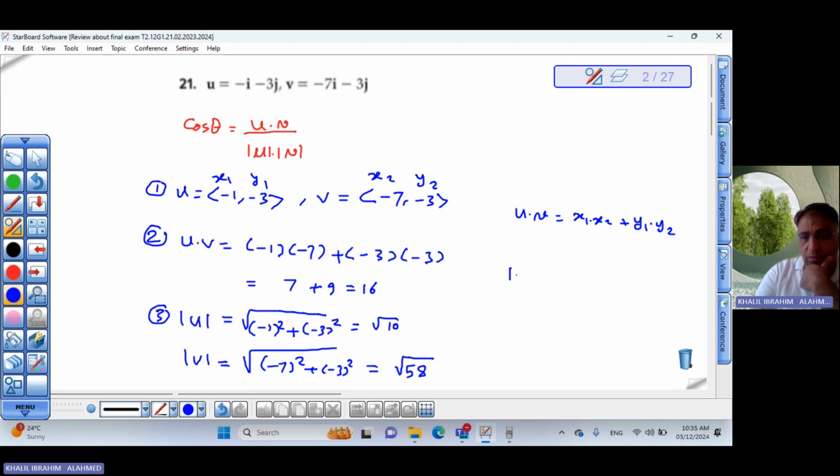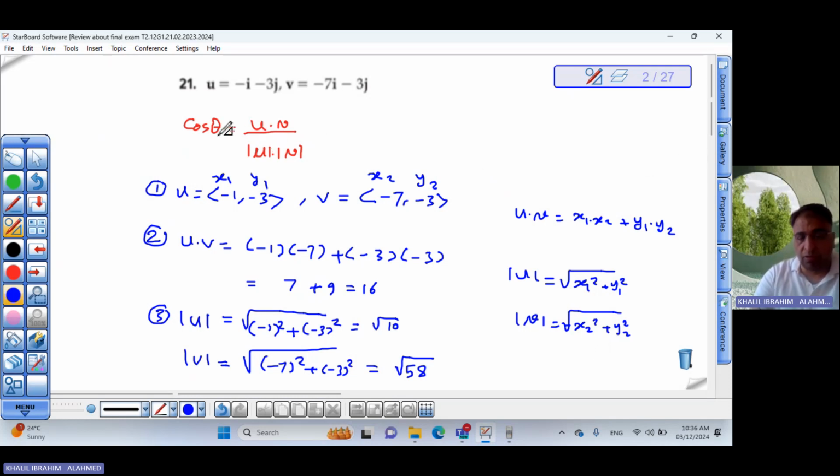Okay, the magnitude of u equals radical x1 squared plus y1 squared. Also the magnitude of v equals radical x2 squared plus y2 squared. That's it: (-1) squared plus (-3) squared equals radical 10, and also (-7) squared plus (-3) squared equals radical 58.